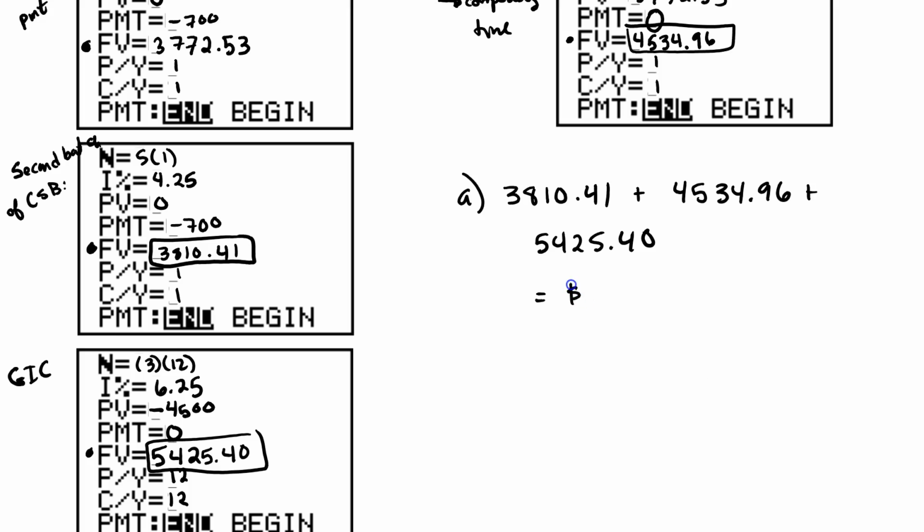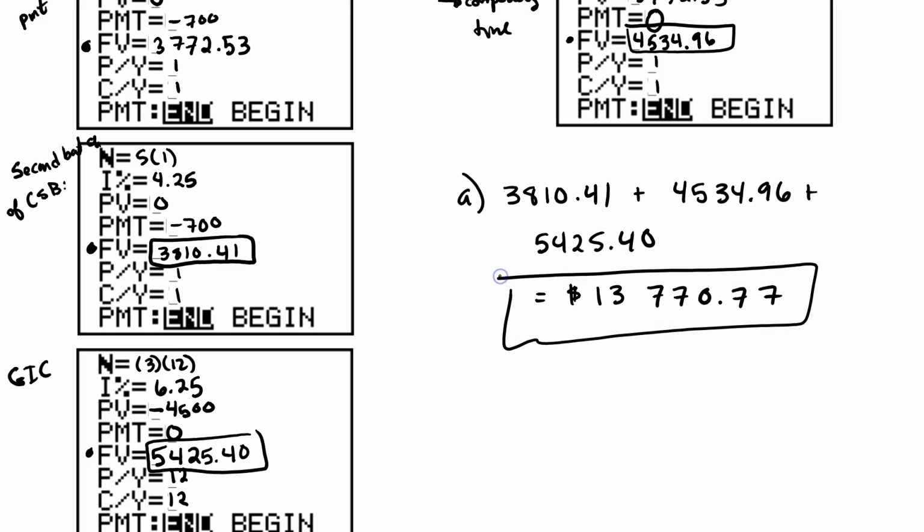Altogether, that's going to be $13,770.77. We have to be aware that we're dealing in money here. So if I see this one rounded, say, to 0.8 with no dollar sign, that's problematic because we are working in the actual realm here. This is something that we know what kind of decimal places we're dealing with.